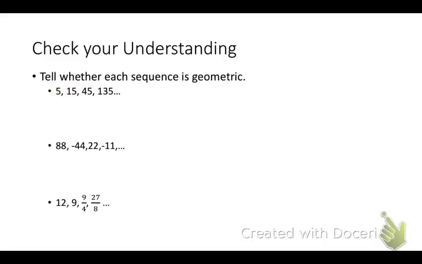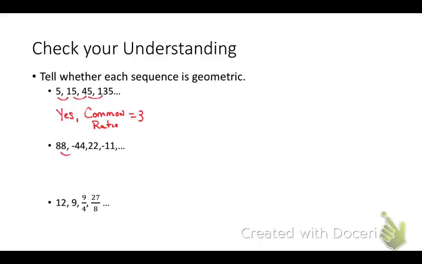So if we tell whether a sequence is geometric, what do you think on the first one? Yes, no, maybe? Yes? What are we multiplying by each time? Yes? So my common ratio is 3.